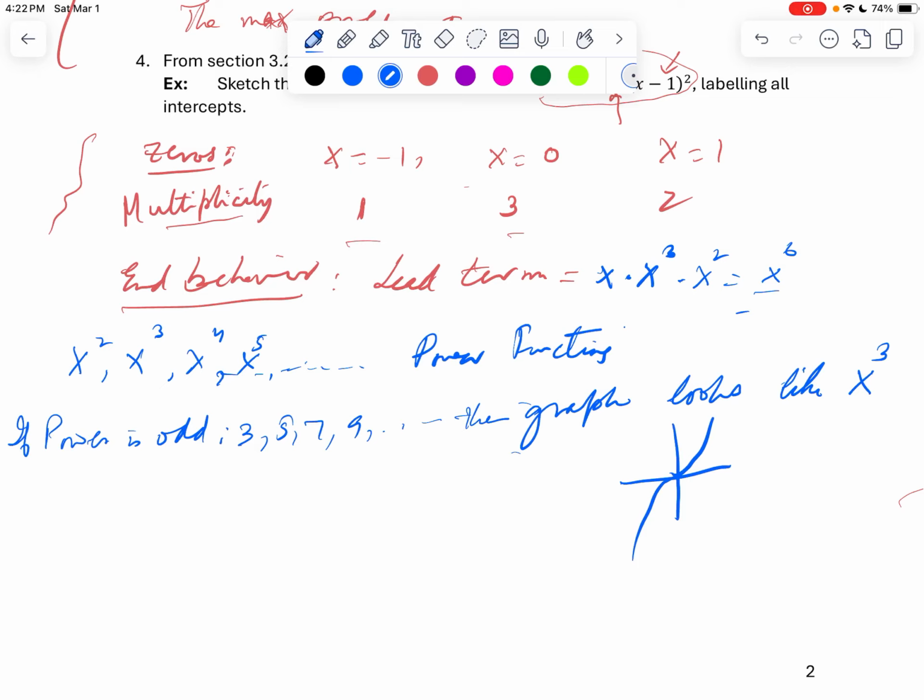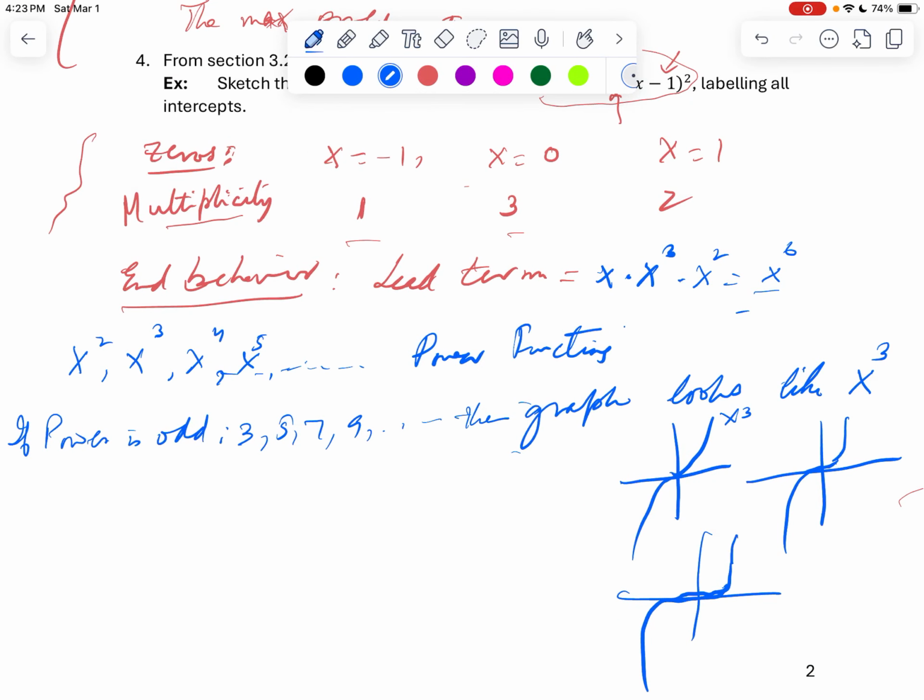The only difference is, if this is x cubed, the graph of x to the 5 will be a little bit flatter at 0, maybe a little bit more like that. And as the power increases, it becomes more and more flat. So if we go to higher powers, it looks almost like sitting on the x-axis like that.